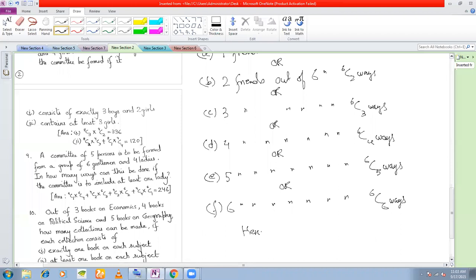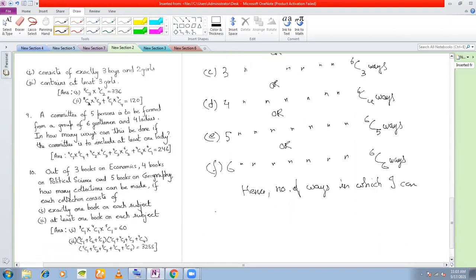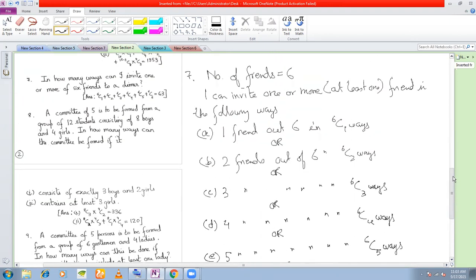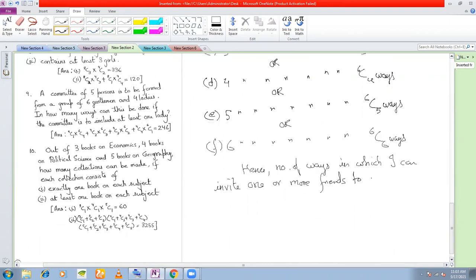Hence, number of ways in which I can invite one or more friends to a dinner is equal to 6C1 plus 6C2 plus 6C3 plus 6C4, 6C5, 6C6.